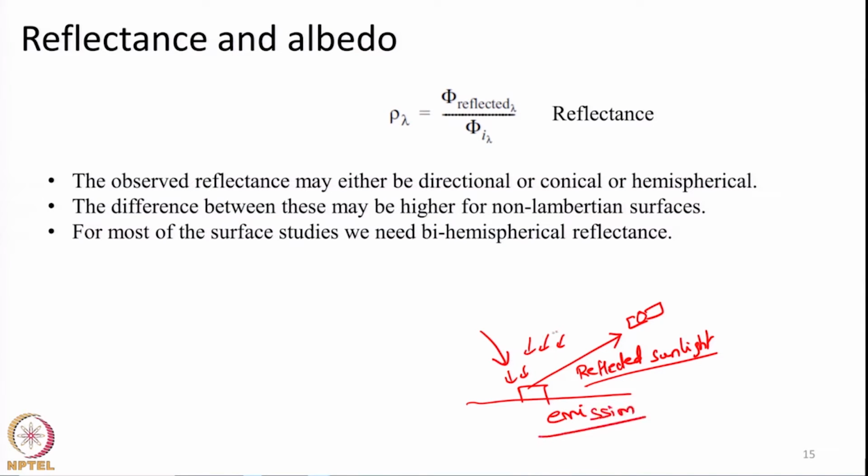Emission means we remove all these external energy sources. It is the energy going out from an object due to its own internal energy content or its own temperature; that is what we call emission. So, the energy we receive in remote sensing can either be reflected energy or emitted energy. If we make measurements in the wavelength range less than 3 micrometers, typically whatever energy we measure is essentially the reflected energy.